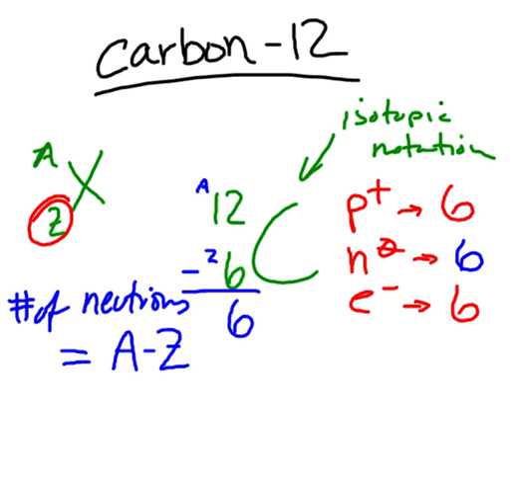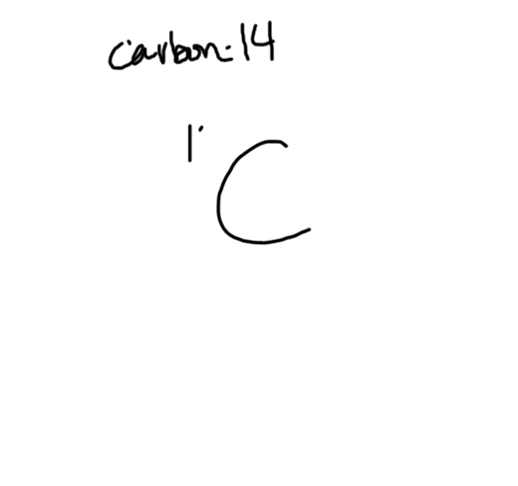Okay. If I was to change my isotope, say to carbon 14, which is what I'll do next, I draw my symbol. 14 goes up here. 6 still goes there because it's still carbon. If it wasn't carbon, then it wouldn't be 6. And then, of course, there's still no charge there. So from that, I can get protons, neutrons, and electrons. And see what kind of answers we get here from that.